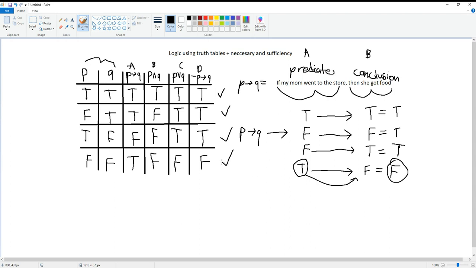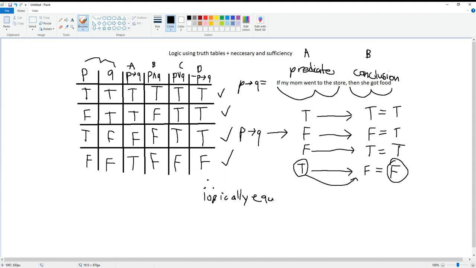What does that mean? It means that these statements are logically equivalent. And that means that for any value of the predicate or the conclusion, we can say that these values will always be the same and that they mean essentially the same thing logically.